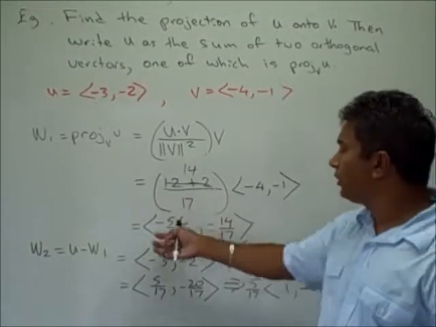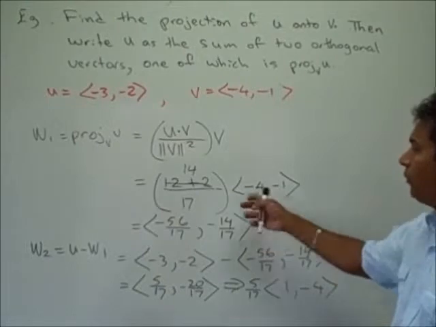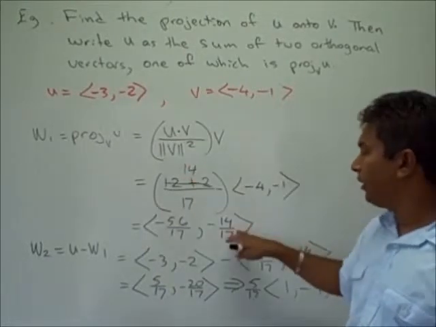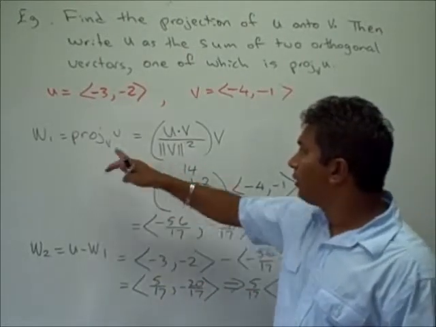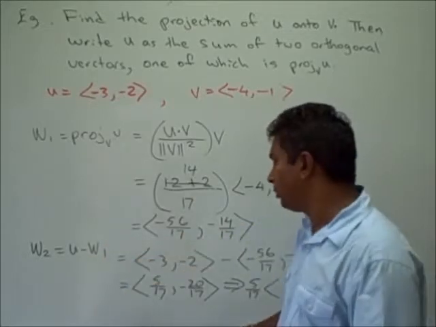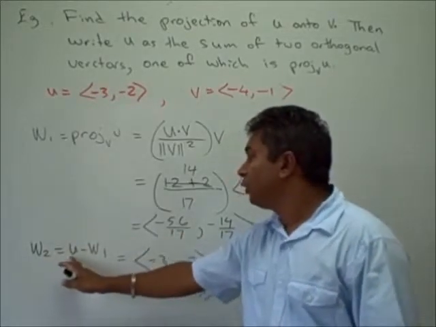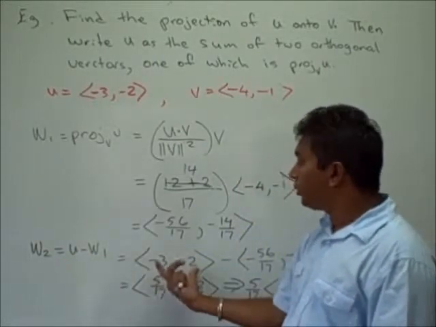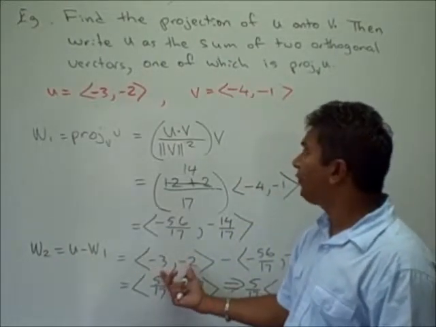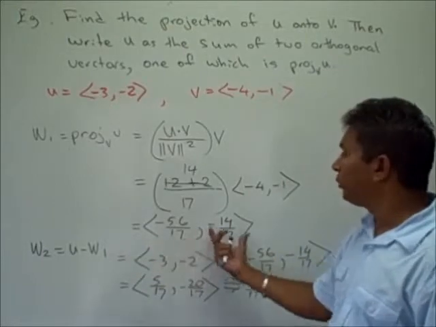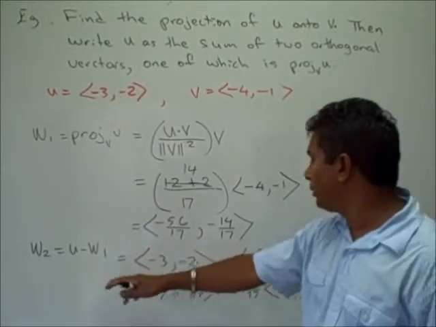Now the reason why we distribute this is so that we can subtract w1 from u, because we know w2 is equal to u minus w1. So this is our u, which is <-3, -2>, and we're going to subtract the w1 that we just found so we can get w2.